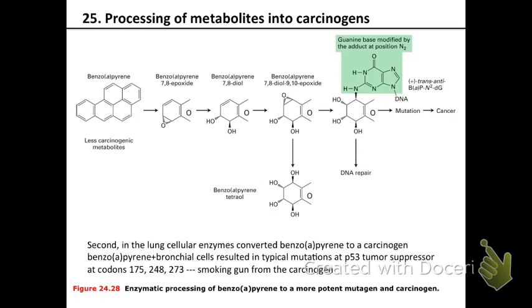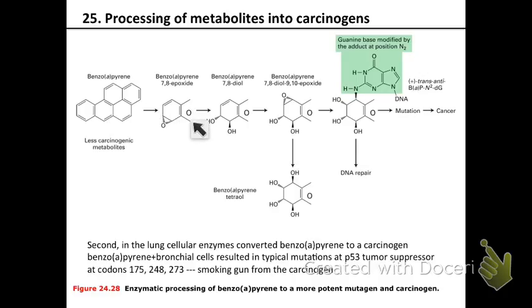All right. So when people looked at where these mutations were, these mutations were found in codon amino acid coordinates 175, 248, and 273. The researchers also knew that one of the candidate molecules in cigarette smoke and other types of smoke is a molecule called benzopyrene.